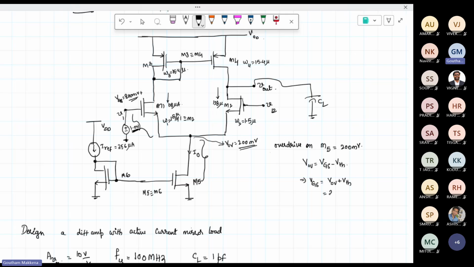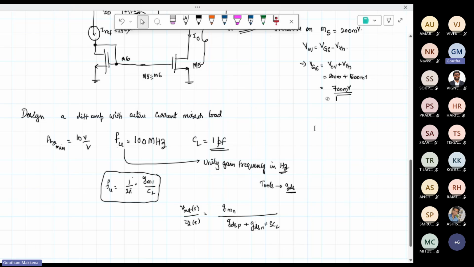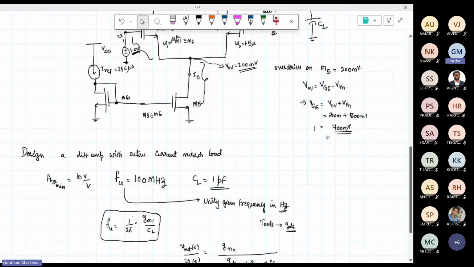This overdrive is 200 millivolts that we are taking as an approximation. This VTH, if this is connected to ground, I think it is 498 milli or 500 milli. From the curves, you can get that. So this VGS is how much now? 700 millivolts.